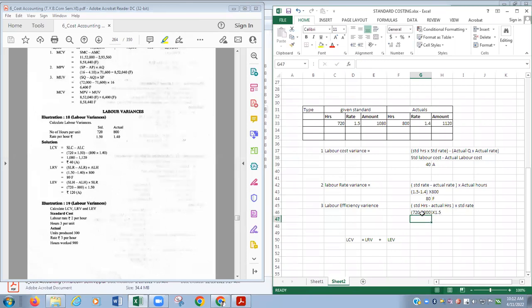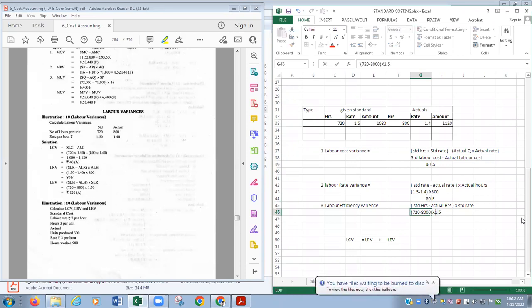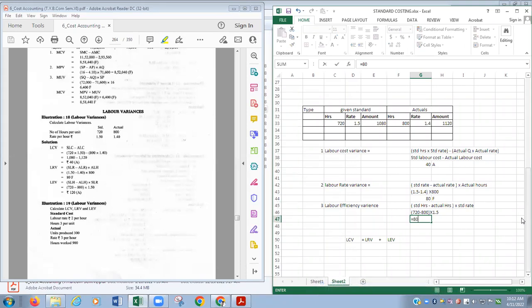So your answer will be 80 into 1.5, so 120 adverse. Why adverse? Because I have paid for more hours.